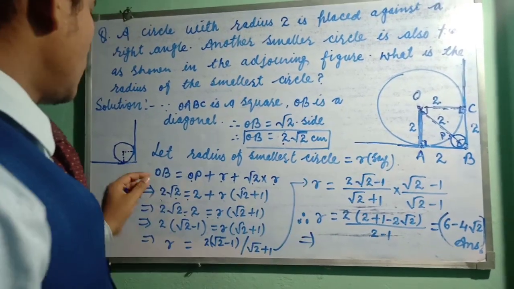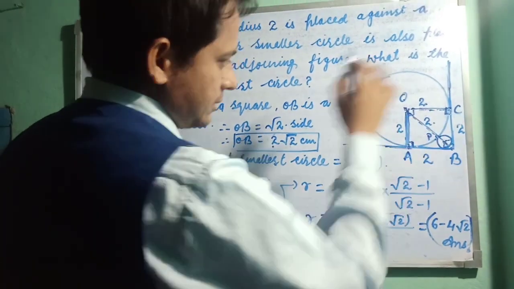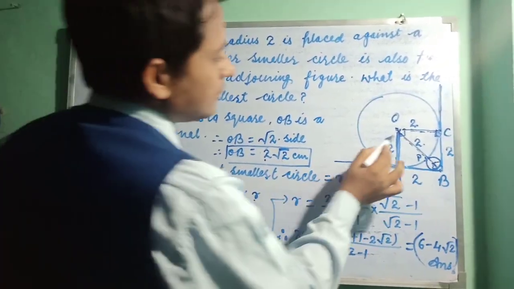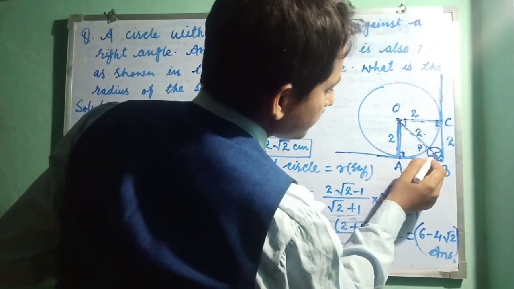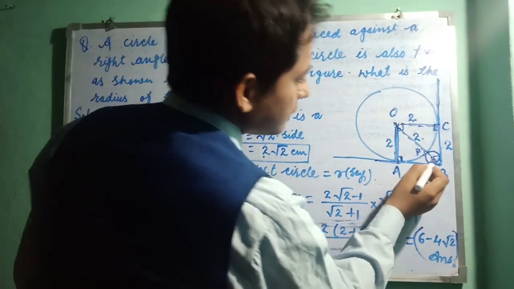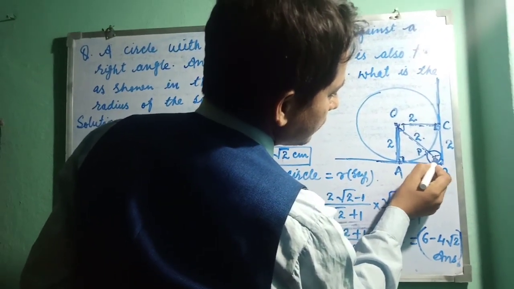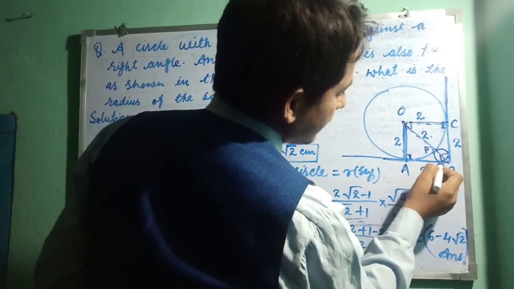Now OB is the diagonal of this square. So OB can be written as OP plus R plus, sorry, this is a diagonal. Look, this is the diagonal of this small square.